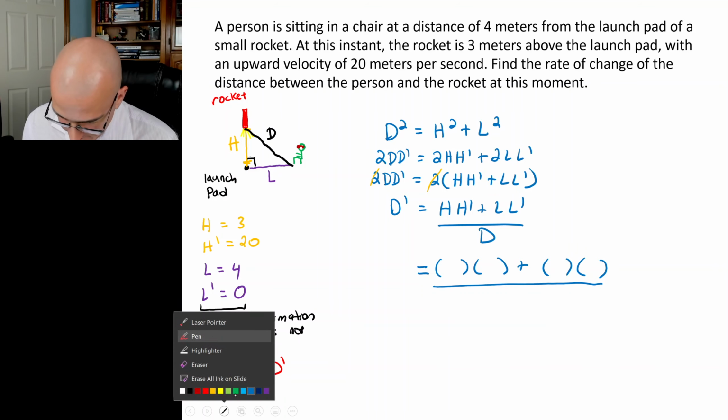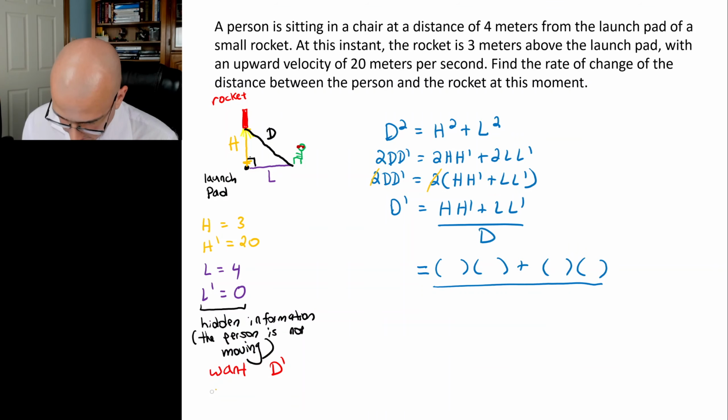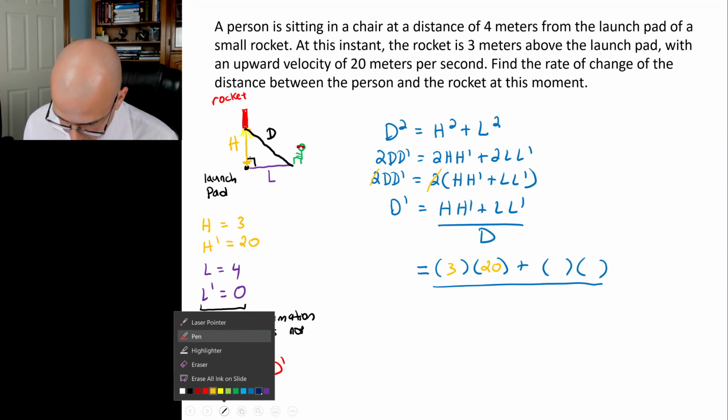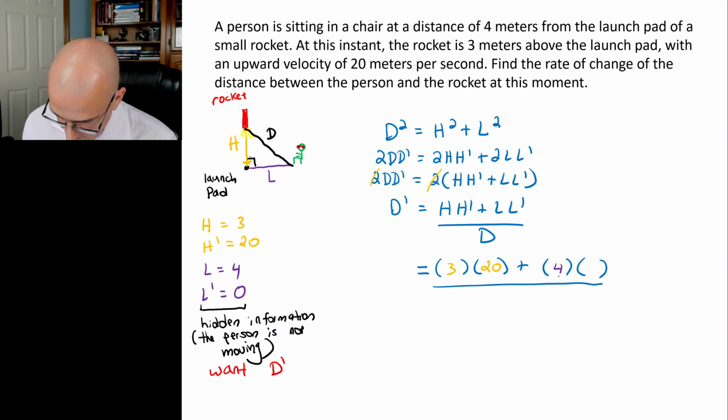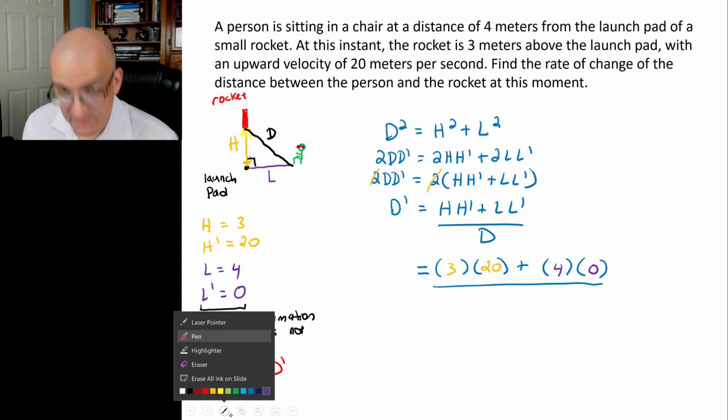So 3, 20, 4, 0, and we need to find d. So we'll go back and find that.